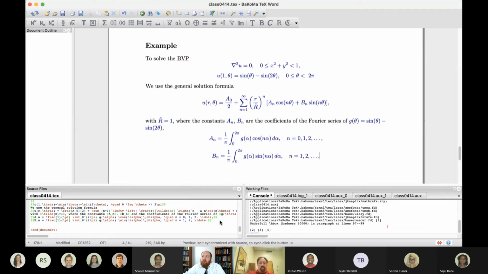Now by orthogonality, here we'd be filling in our data sine theta minus sine 2 theta for g. Well, all sines are orthogonal to all cosines, so these integrals would turn out to be 0.